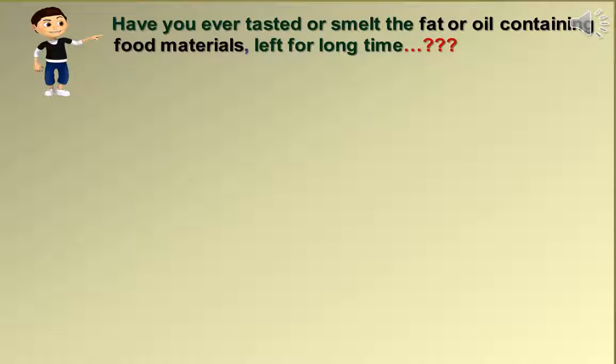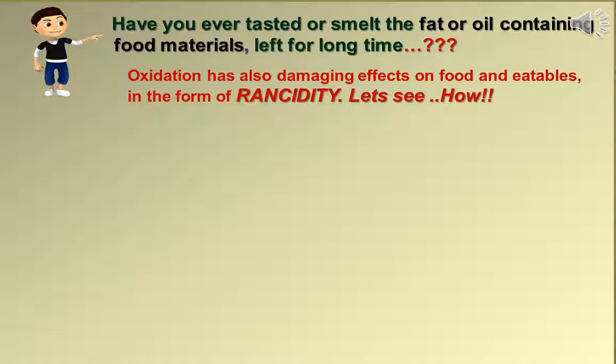So let's discuss another harmful effect of oxidation reactions, that is rancidity. Have you ever tasted or smelt fat or oil containing food left over a long time? Yes, it is an oxidation process. So oxidation also has a damaging effect on food and eatables in the form of rancidity.